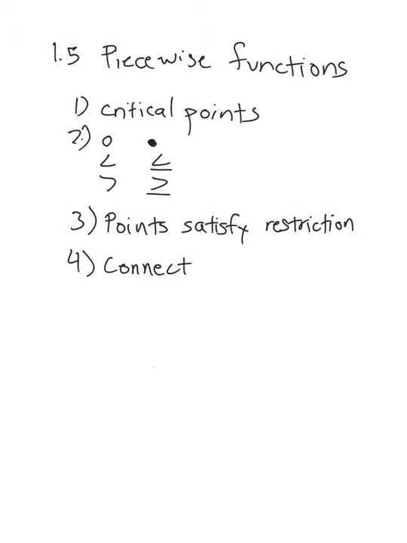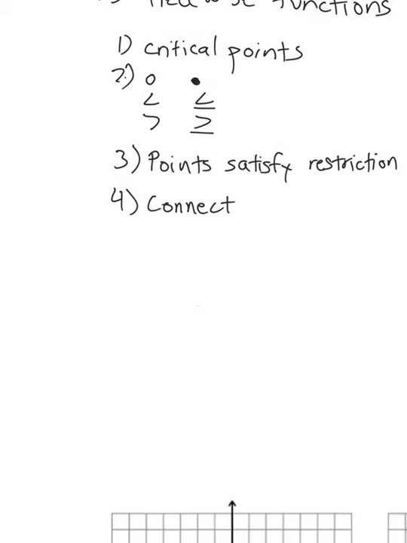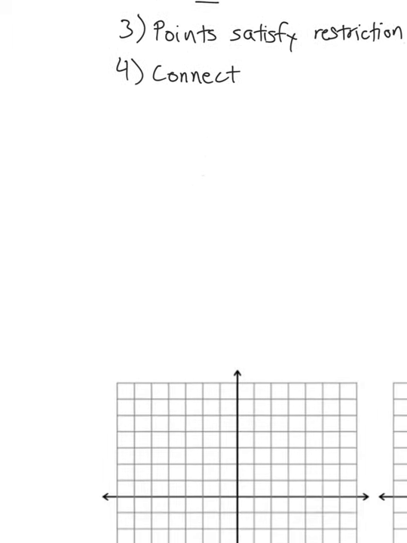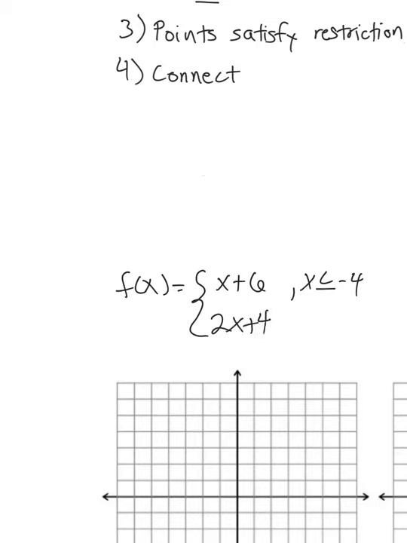Let's do an example here. If I were to say, this first graph, f of x equals x plus 6 when x is less than or equal to negative 4, and 2x plus 4 when x is greater than negative 4.